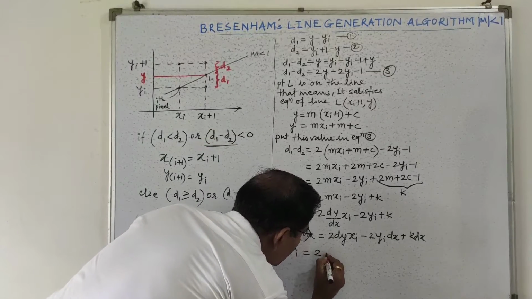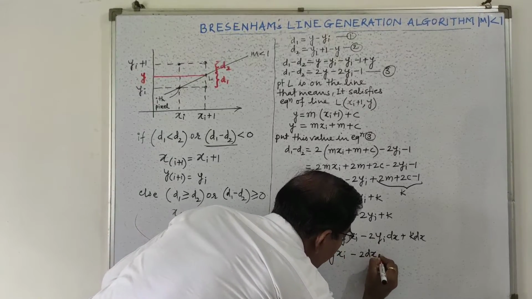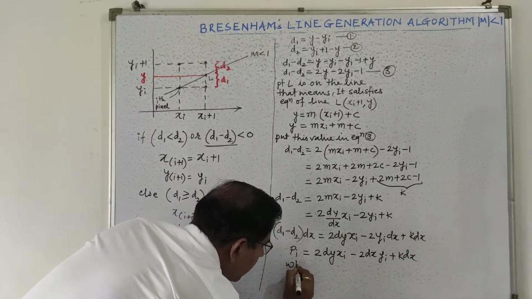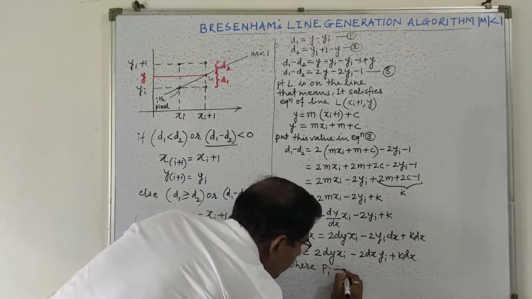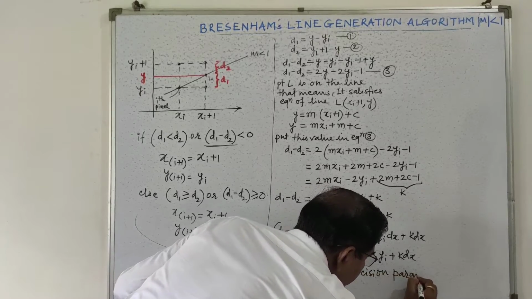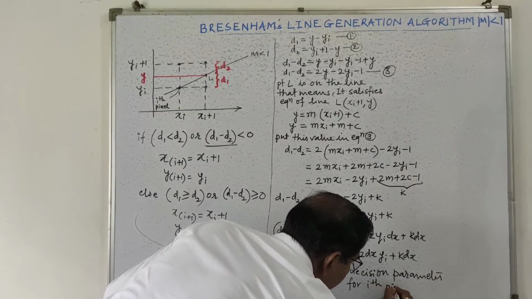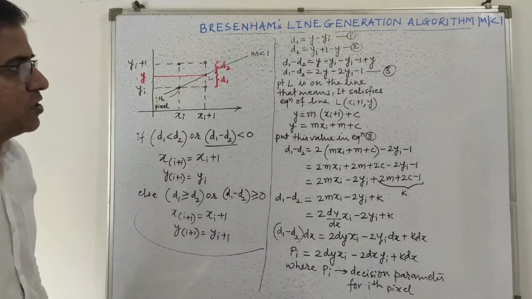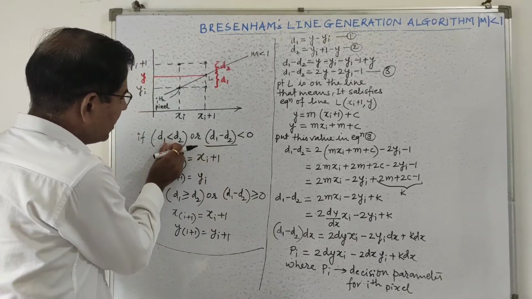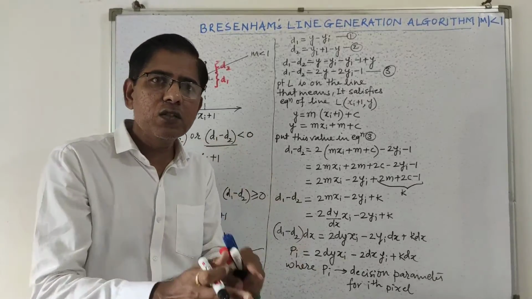So pi is equal to 2 dy xi minus 2 dx yi plus k dx, where pi is decision parameter for ith pixel. Now d1 less than d2, or d1 minus d2 less than 0, or pi less than 0 is one and the same thing.